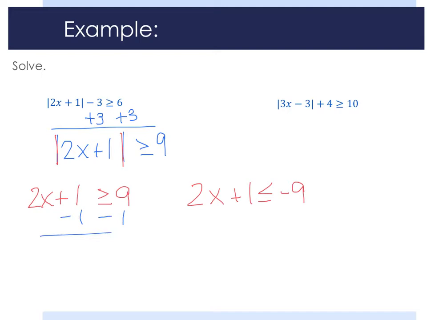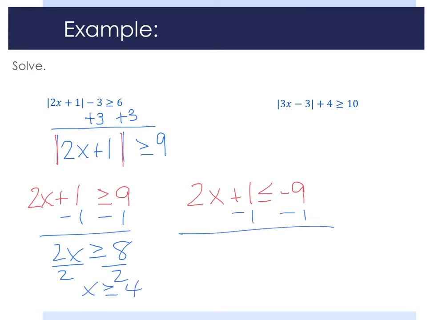Subtract 1 from both sides. 2x is going to be greater than or equal to 8. Divide both sides by 2. X is going to be greater than or equal to 4. Subtract 1 from both sides. 2x is going to be less than or equal to negative 10. Divide both sides by 2. X is going to be less than or equal to negative 5.